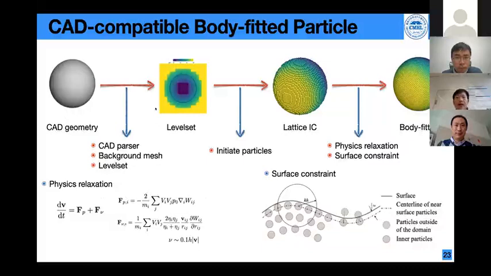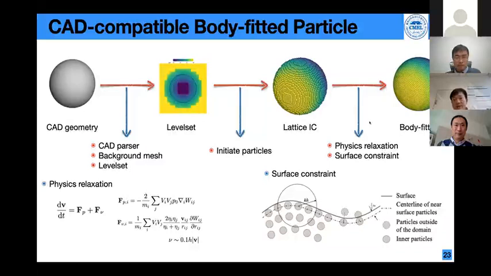Then our code can read this file automatically. After parsing the CAD geometry, we will build a level set function based on the background mesh, like this level set field. And then we will initiate particles on the lattice structure if the level set function is inside the geometry surface, as you can see here.